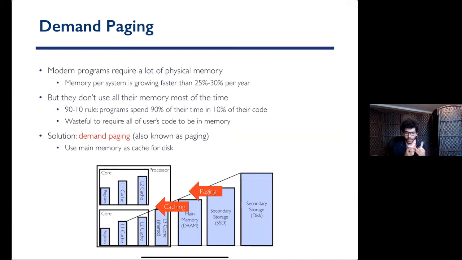But then we also talked about the second fact, that processes usually don't use their entire address space. In the entire lifespan of the process, you probably end up using only a few megabytes or gigabytes of your virtual address space.